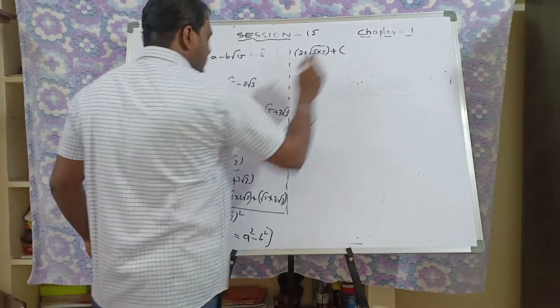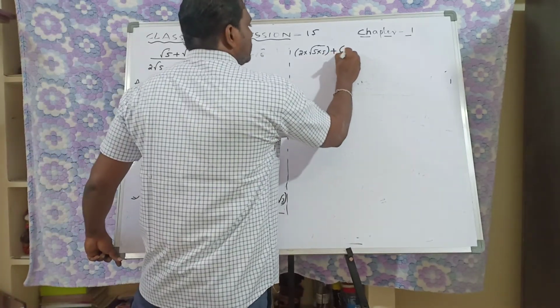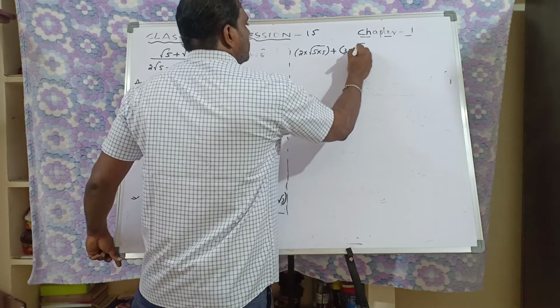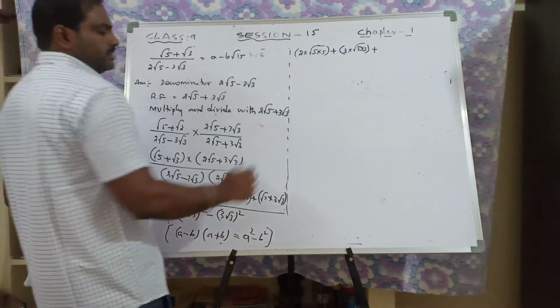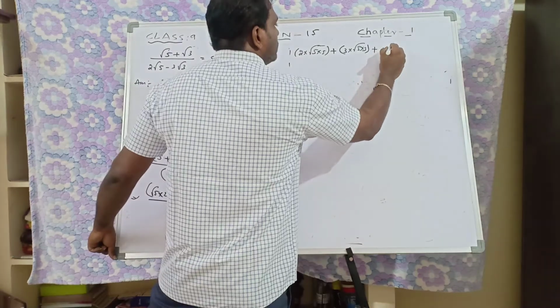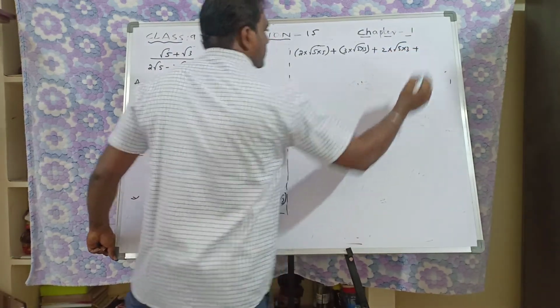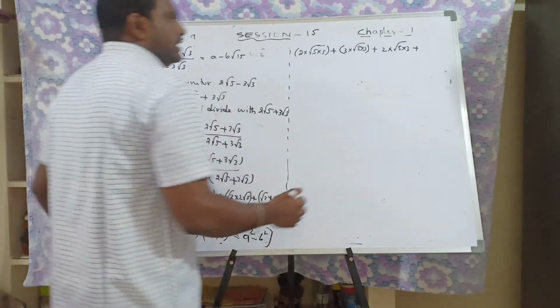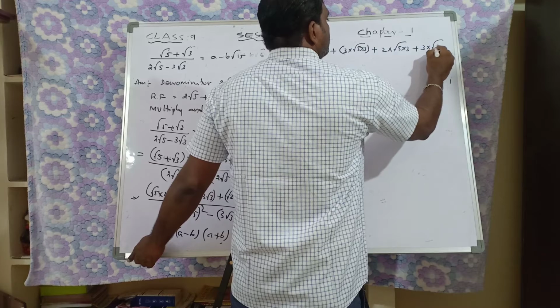Next, the second term: root 5 into root 3, that is 3 into root 5 into 3. Plus the third term: 2 into root 5 into 3. And the fourth term: 3 into root 3 into 3.